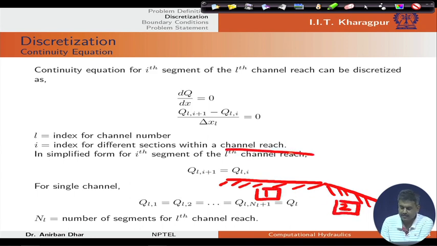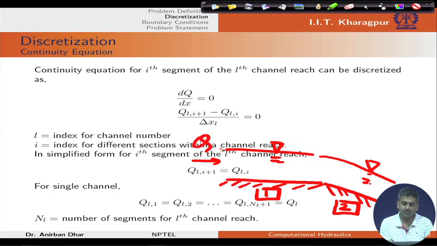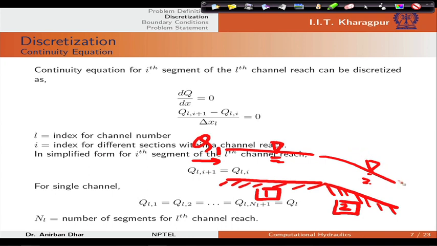In this case we will have inflow discharge Q1, and in this case if we consider this discharge is Q2. So, obviously in this case this Q1 should be Q2.